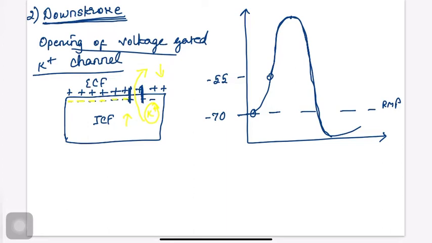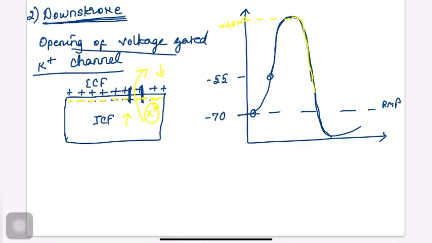The membrane potential, which rose up to plus 40 millivolt due to sodium influx, now, as potassium efflux happens, turns to negative. So this is the cause of the downstroke. Do you understand?